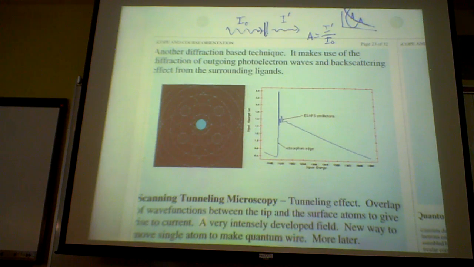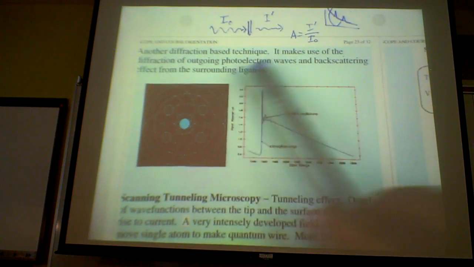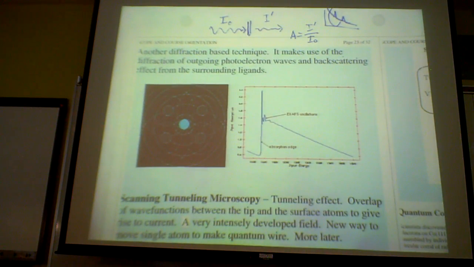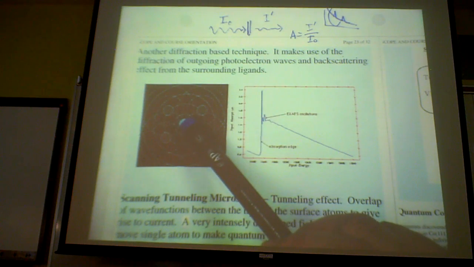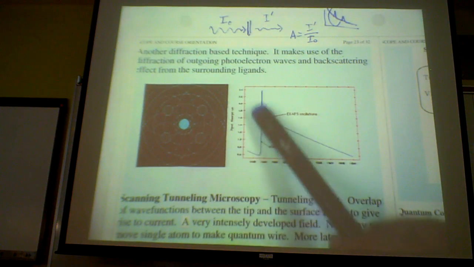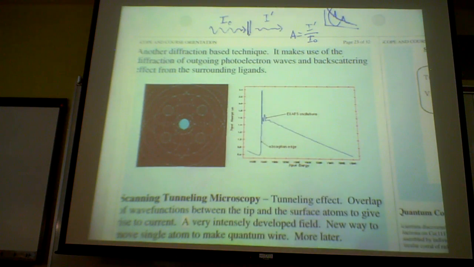Okay, so that's basically how it works. It makes use of diffraction of outgoing photoelectron waves and the backscattering effect of this photoelectron wave into the absorbing atoms, and this affects the absorption edge of the atom. And by analyzing the fine structure, you would get interesting information.